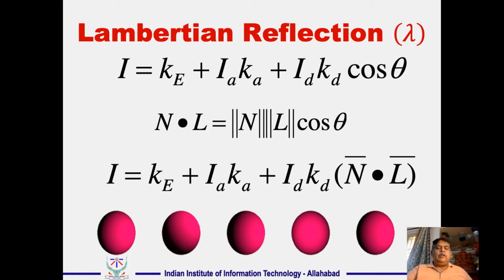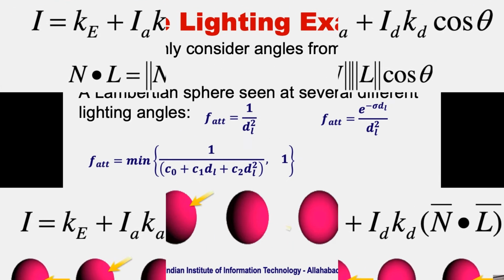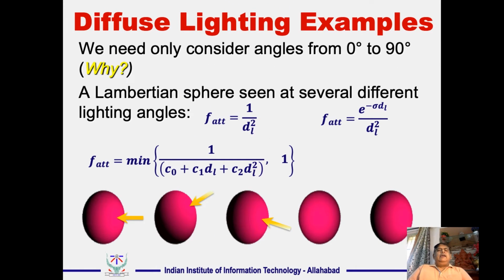What you see below, again, are spheres being illuminated from different directions. Here I show by the arrow the direction from which it is being illuminated, and you see how the shading of the sphere changes with the direction of illumination. For diffuse lighting, we need only consider angles between 0 and 90 degrees because it's cos theta.